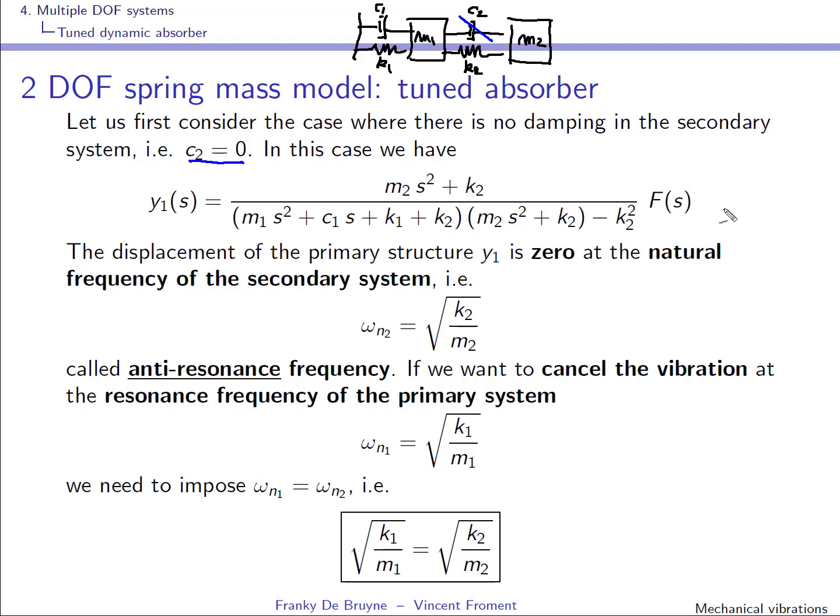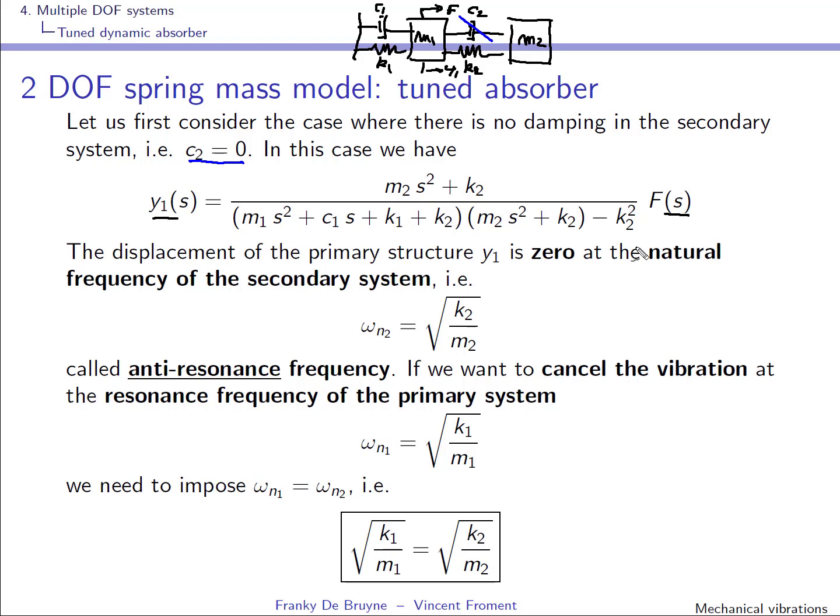Well, if you take the computation from the previous slide, you see that the movement of the first mass, Y1, is linked to the force F that you apply through this equation.